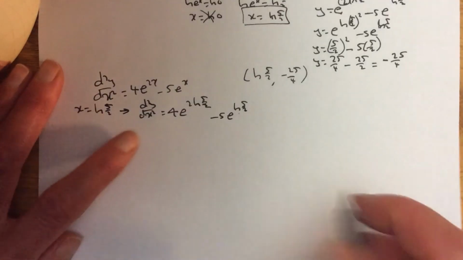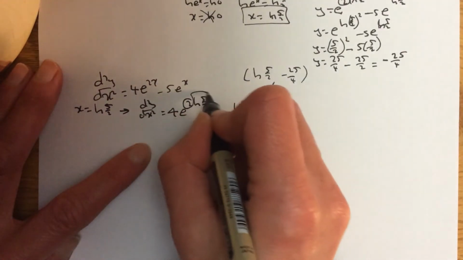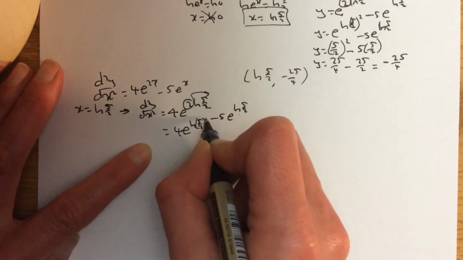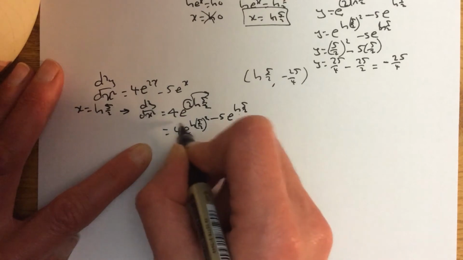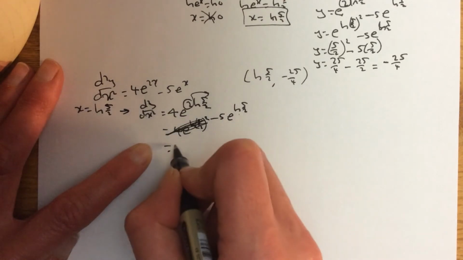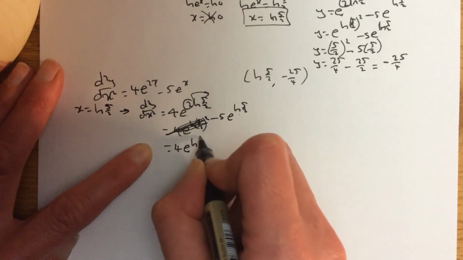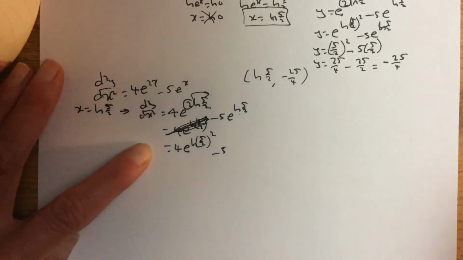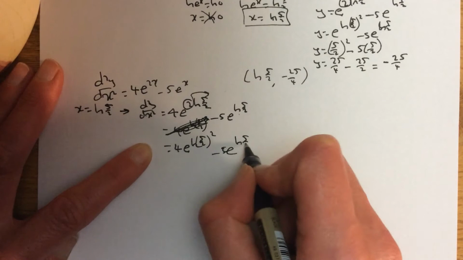I'm going to use that same trick here. Bring this up as a power. So it's 4(e to the log 5 over 2) squared minus 5e to the log 5 over 2.